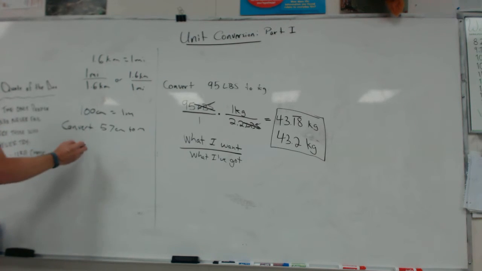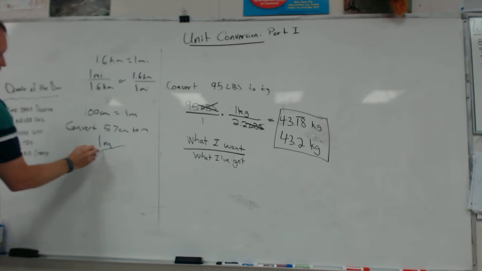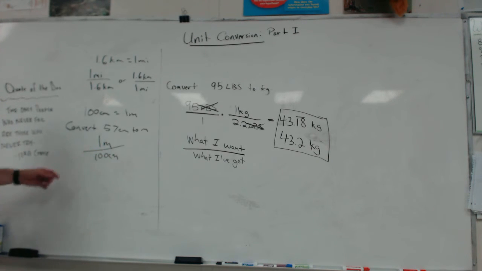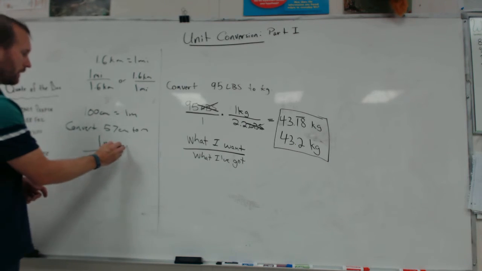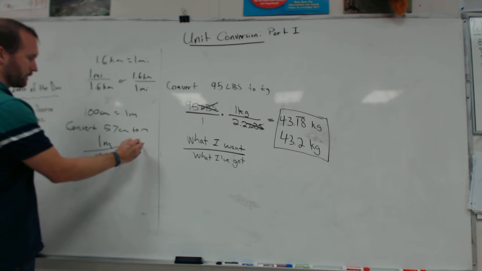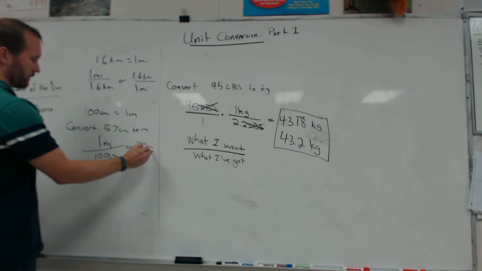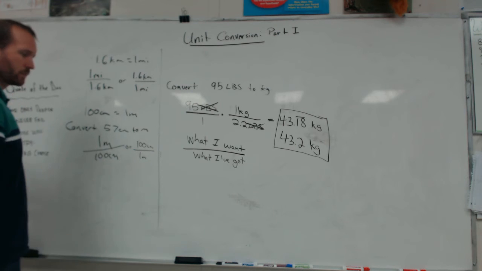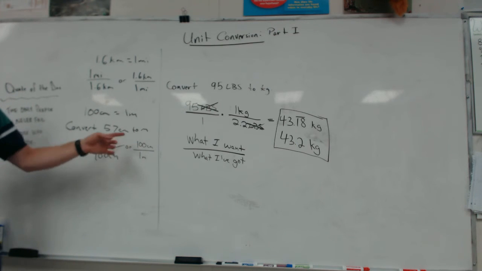Yeah? 1 meter over 100 centimeters. So if you just wrote that one, that's fine. What's the other one? 100 centimeters over 1 meter. That's the other one, but we don't really need it to do this problem.